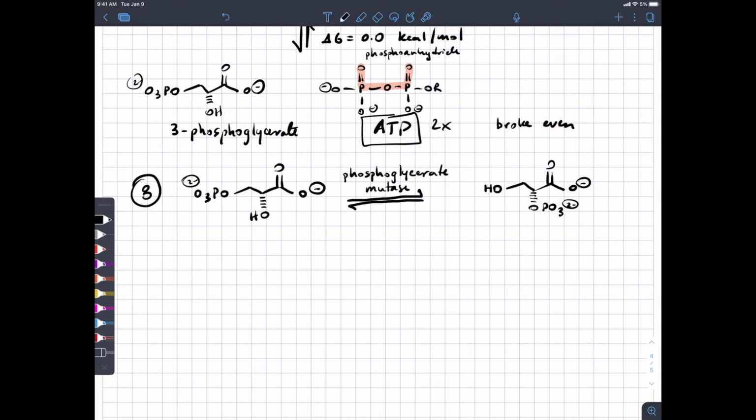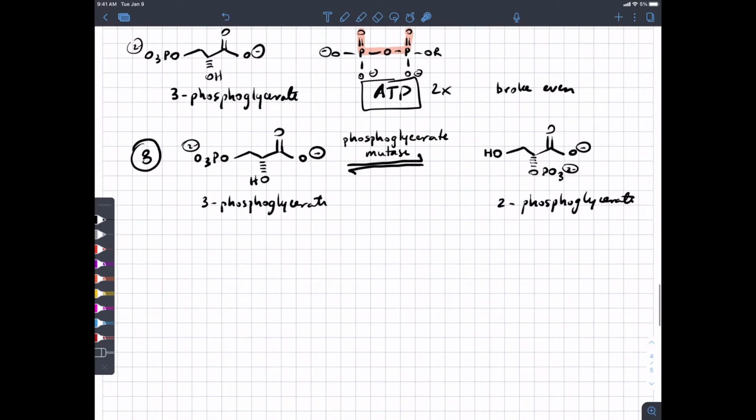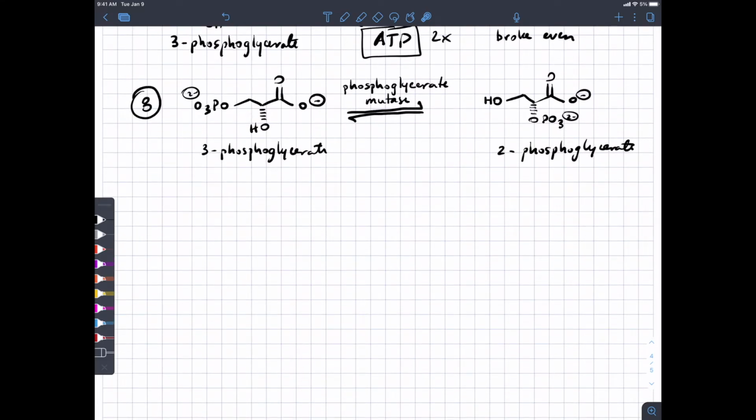So this is 3-phosphoglycerate, and this is 2-phosphoglycerate. And again, it's really not as bad as you think, but it involves a histidine side chain, and it's just not worth the pain. But you can think of it as a series of SN2 reactions. All right. So we moved the phosphate group over.